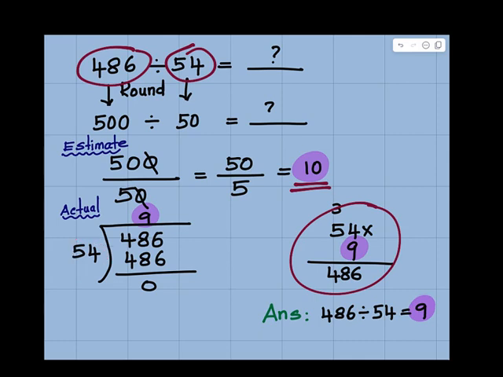When we multiply the divisor with 9, we get 486. That is how we know the answer is 9, which is a little bit less than 10. So the easy step is to find the estimate, get an answer, and the actual answer must be less than the value of the estimated answer.